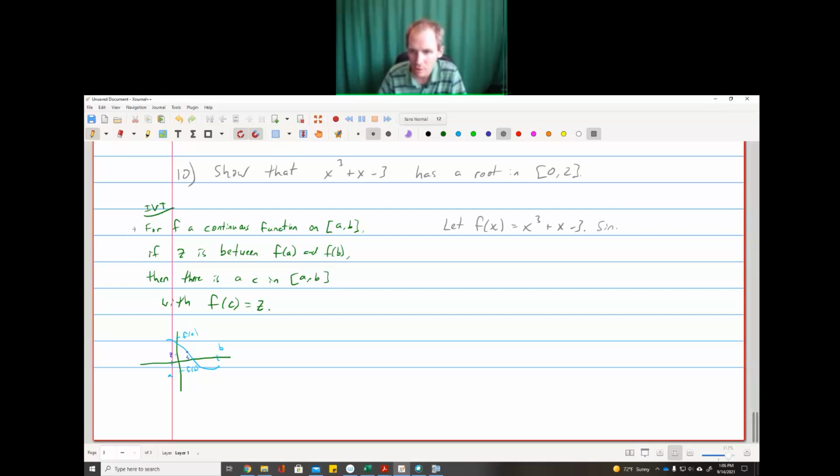So since f is a polynomial, f is continuous. In fact, it's continuous everywhere. So in particular, it's continuous on a, b, and in this case, my a, b is the interval 0 to 2.